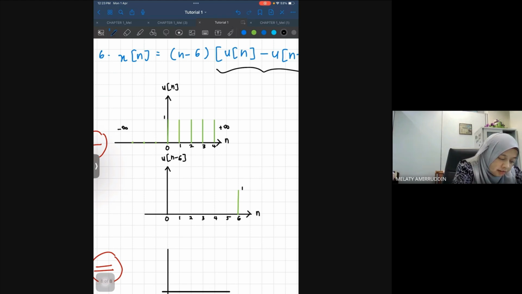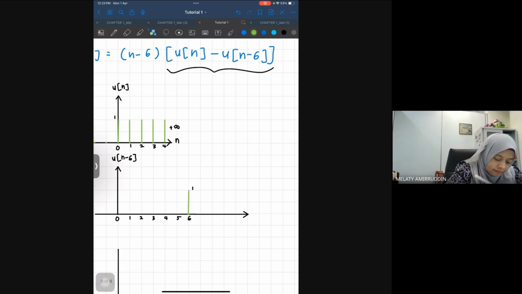And then this signal. So the amplitude is 1. All the amplitude is 1, and until positive infinity.